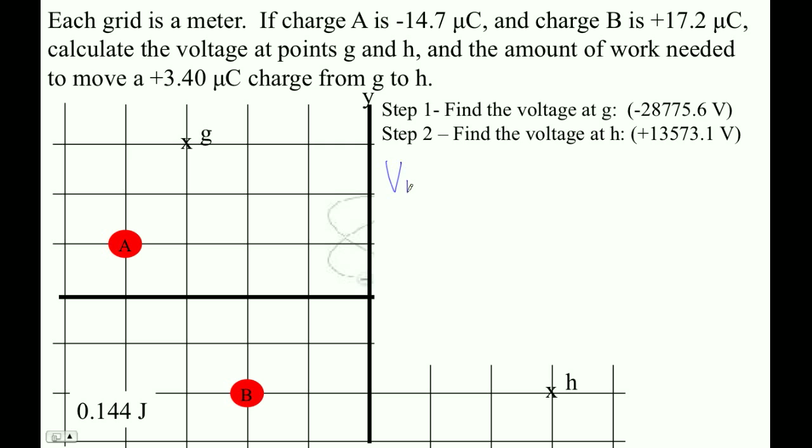The voltage at H is equal to the voltage due to A plus the voltage due to B at H, right? So the voltage at H equals 8.99 E9 times A. A would be negative 14.7.